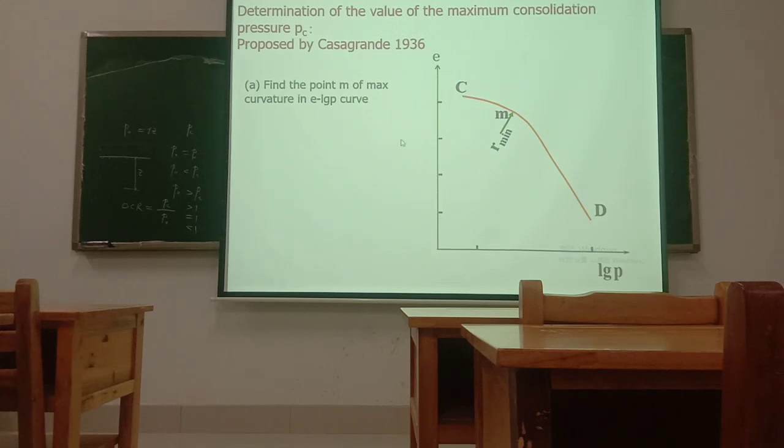Okay, and then draw a horizontal line M1 through the point. And third, draw a tangent line M2 through the point.